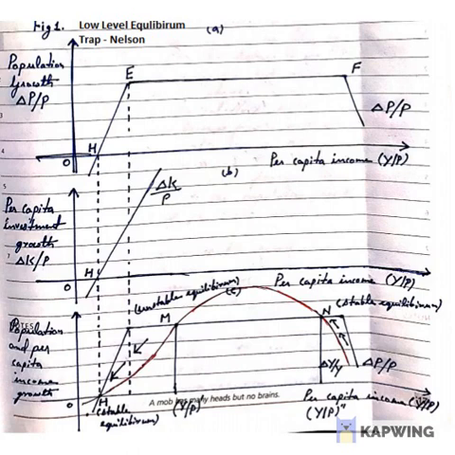Beyond M, the per capita income growth is higher than population growth, which is self-sustaining and will lead to a further increase in per capita income. The point M is an unstable equilibrium. The growth of per capita income becomes lower than population growth after point N. The difference between per capita income growth and population growth is not high.